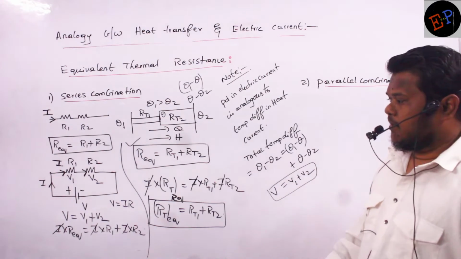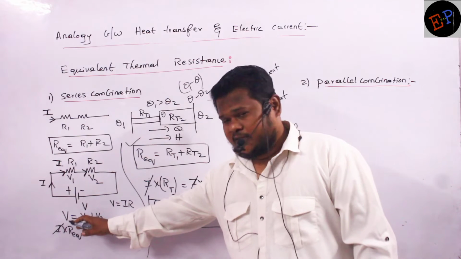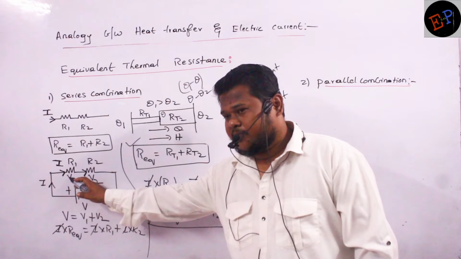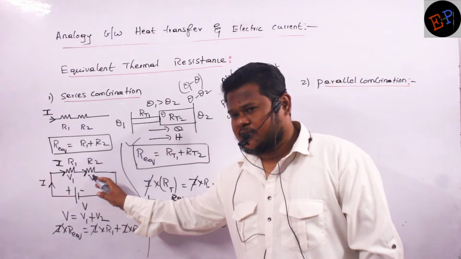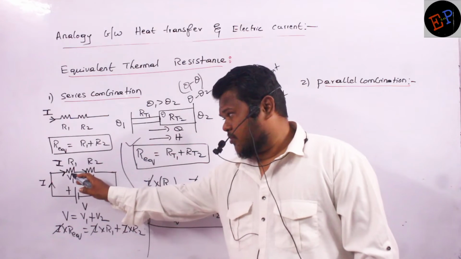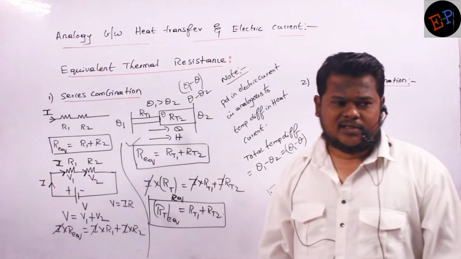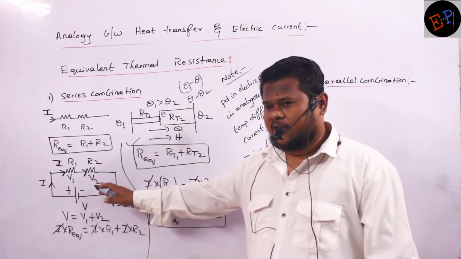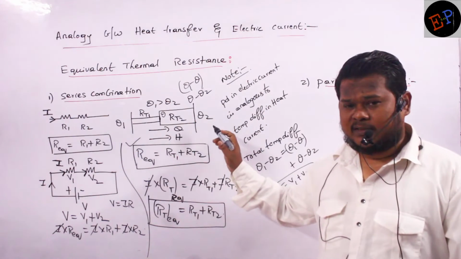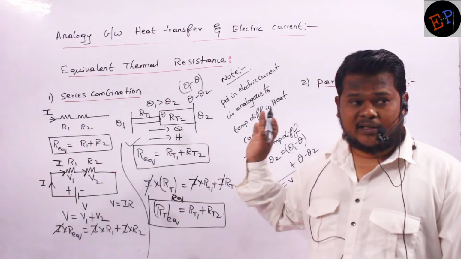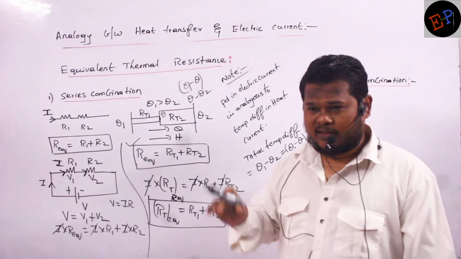In electric current, some of the potential is consumed by the first resistor, some of the potential is consumed by the second resistor. Or you can say the potential difference across the first resistor is V1, across the second resistor is V2. So potential in electric current is comparable with temperature difference in heat current. They are analogous to each other.